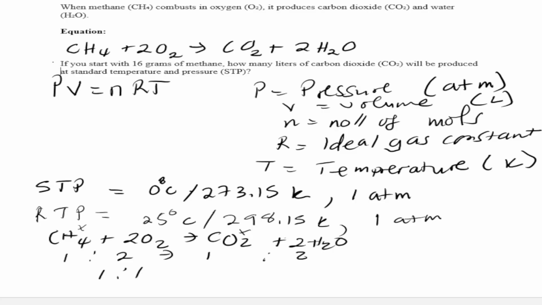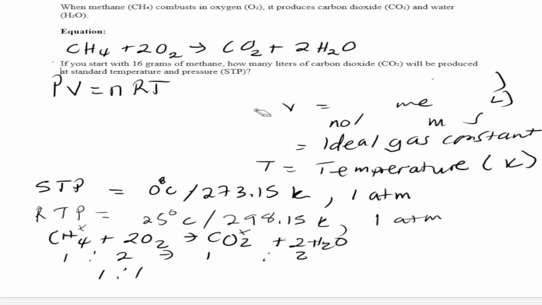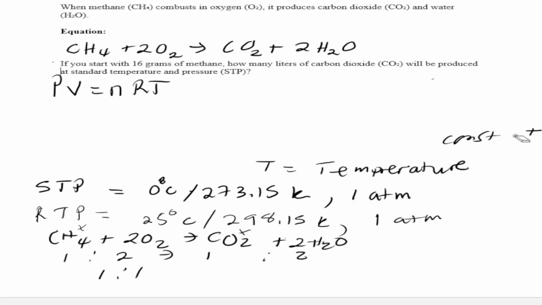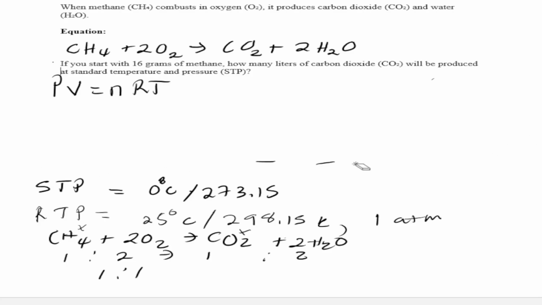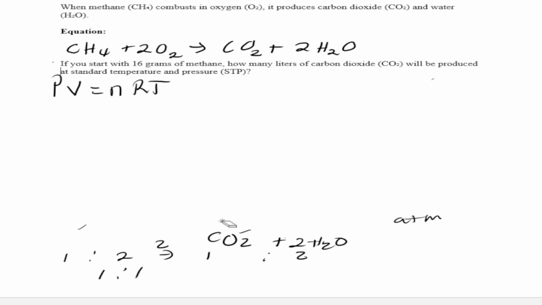Okay, so we're gonna continue this one. Let me just rub on this one here so that we can continue on this page. So now we have seen that the moles, it's 1 is to 1.